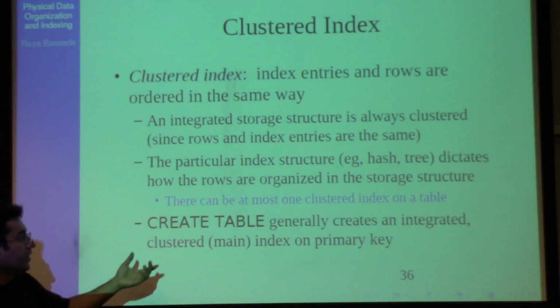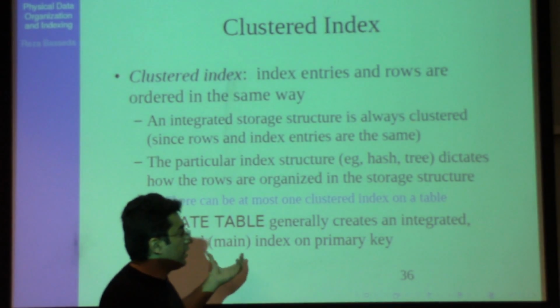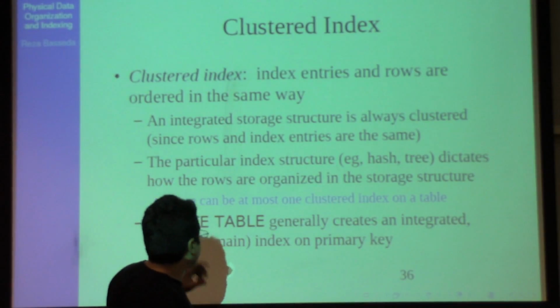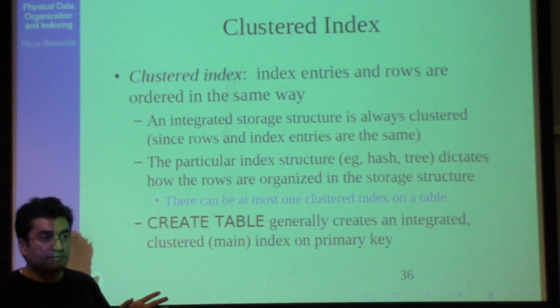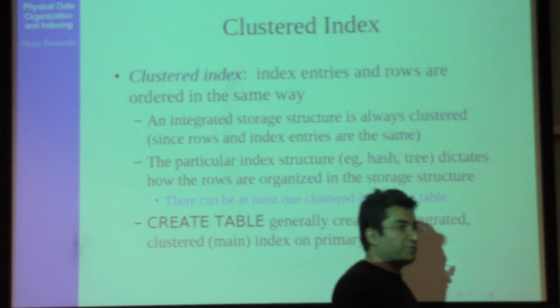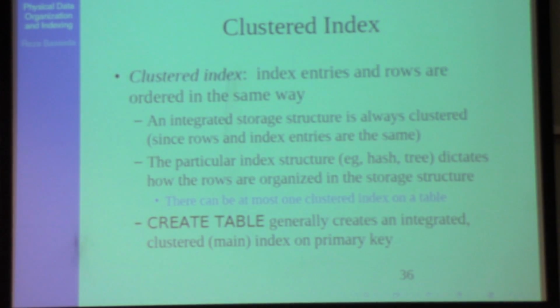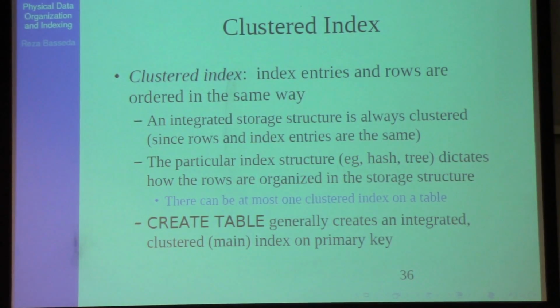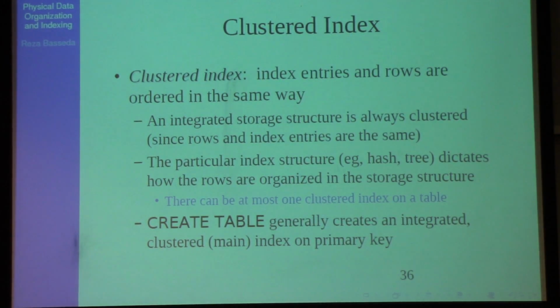So usually, create table is creating an integrated clustered index based on the primary key. Why? We explained a few minutes before. Why in the student table do we have an index on student ID? Because it is required when you are computing joins, right?